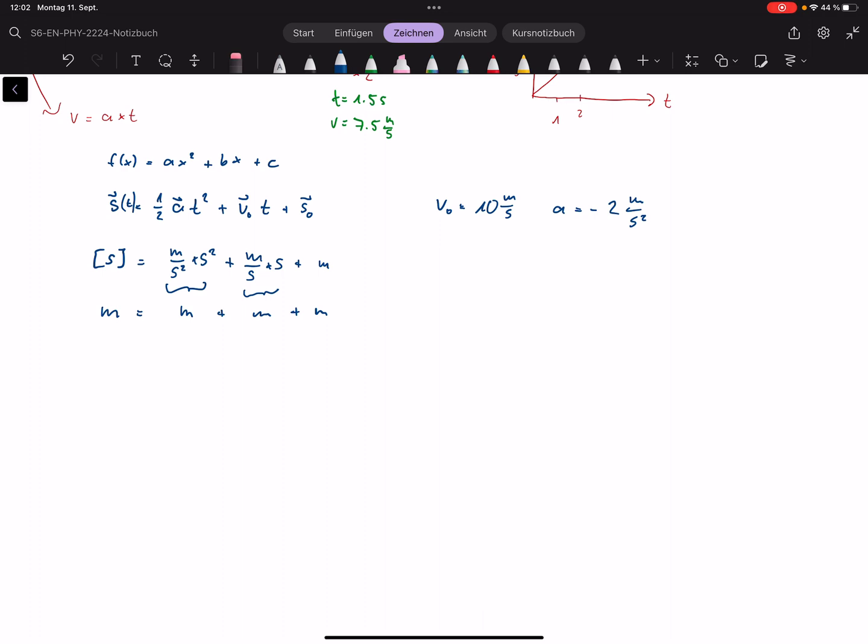Now we can put these values into our general equation. So we have 2 times t squared plus ten times t.